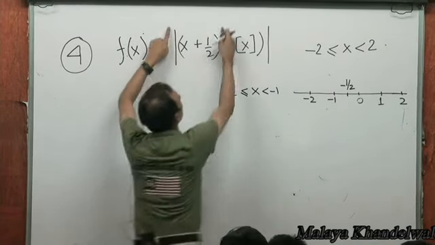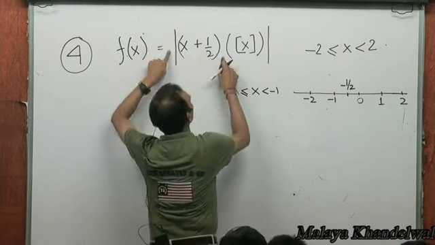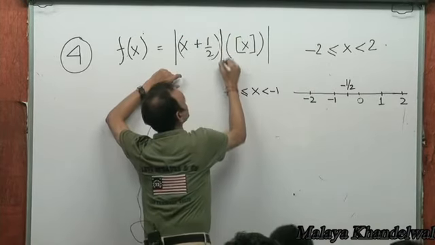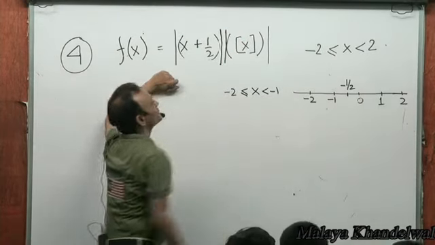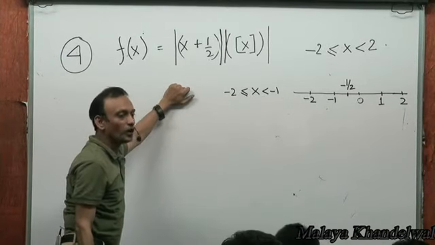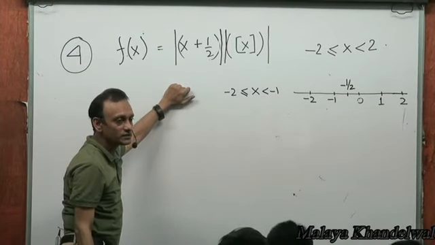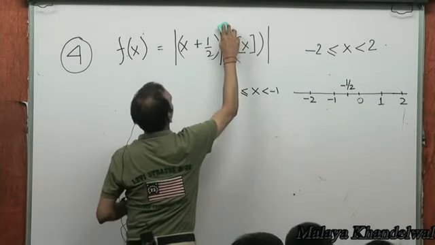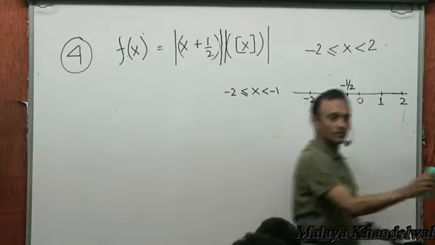Mod of the product is the product of the moduli, isn't it? You could apply that earlier also. Will it change anything? Mod AB is mod A into mod B, isn't it? So it's going to give me the same thing. Yes or no? Right?